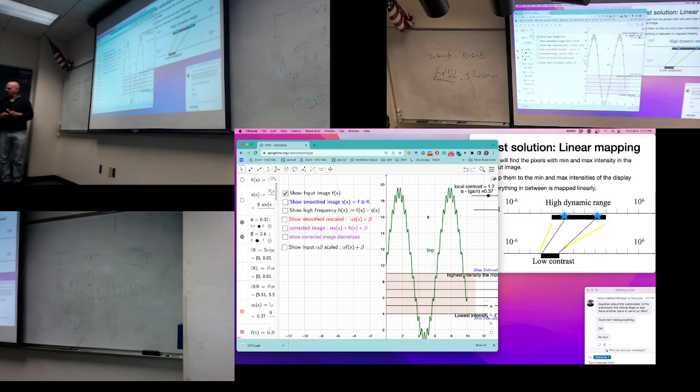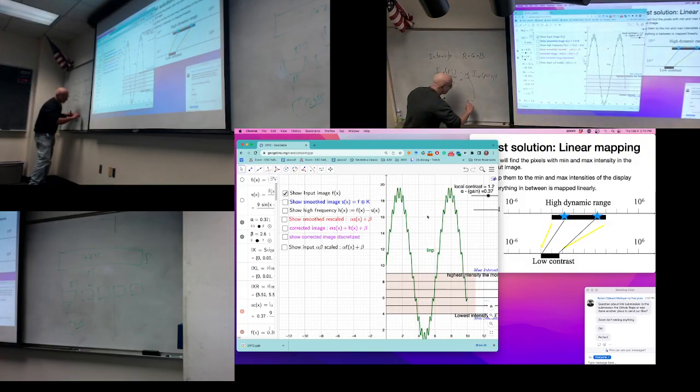Where alpha was, remember the term? Multiplying the intensity by a constant. It was the gain. You'll find it on your monitors, TV sometimes. And beta was the bias.